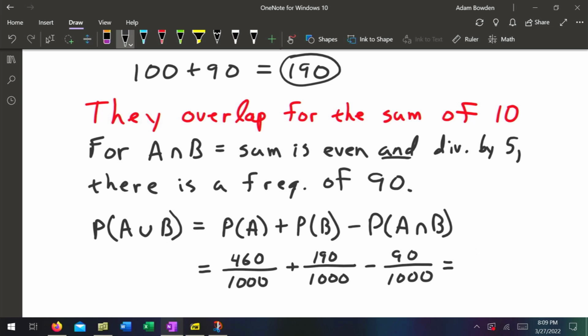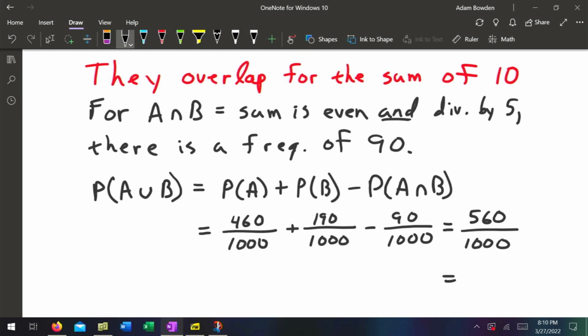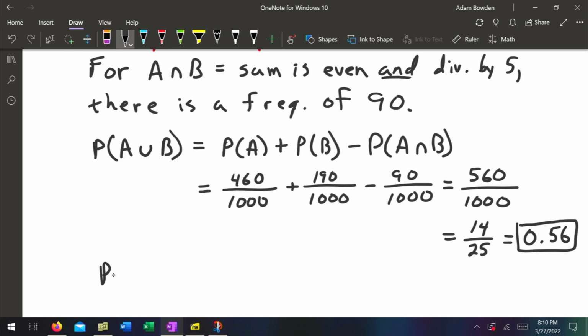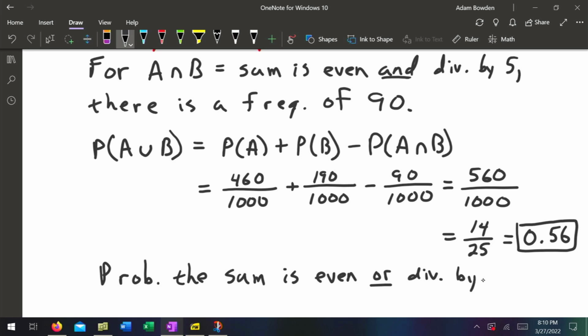That adds up to 560 over 1,000, and that will reduce down to 14 over 25. And oftentimes we'll also use the decimal for the probability. The decimal for this is 0.56. So what does that stand for? That's the probability of A or B. So the probability the sum is even, or, since it's the union, divisible by 5.